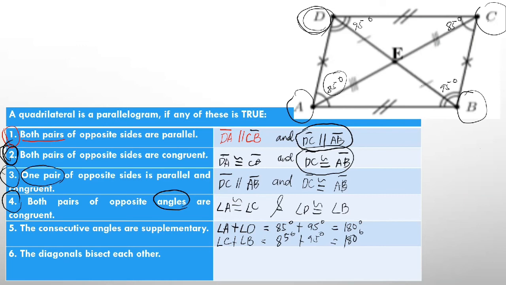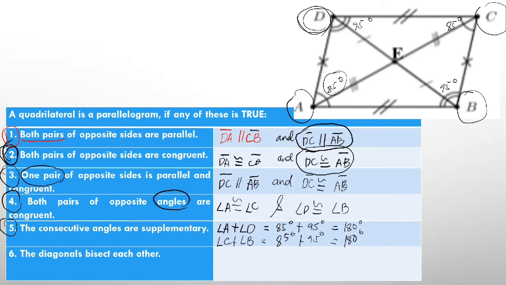So, ibig sabihin, dapat yung mga consecutive angles natin, pag pinag-add natin, it is equal to 180 degrees. Okay po. Now, we have proved already that number 5, property of parallelogram, is supplementary angles. Okay.